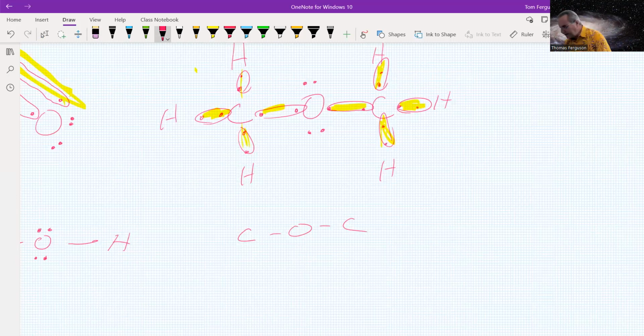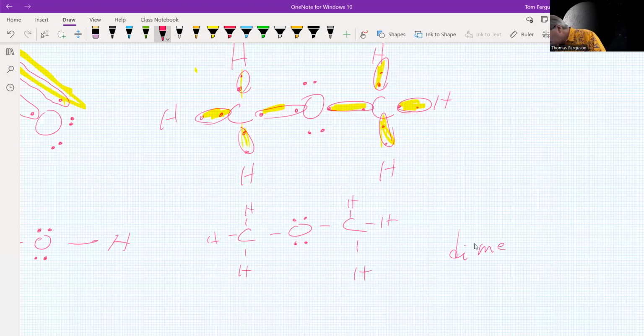So now let's go ahead and put in solid lines for the pairs of singletons. That's dimethyl ether.